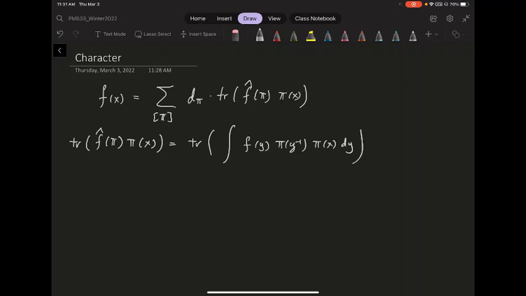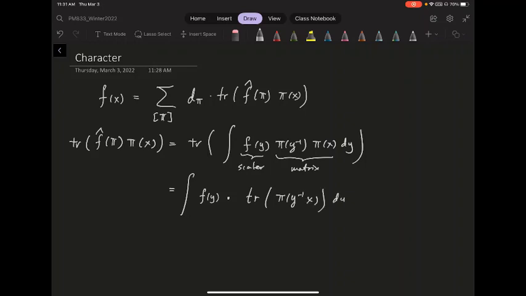Now this f of y here is a scalar, so it's inside the complex numbers, and the trace and the integral are both linear, so you can move the trace inside. So what you end up with is an integral of this scalar times the trace of the matrix. So here is the matrix part: this is pi of y inverse x.